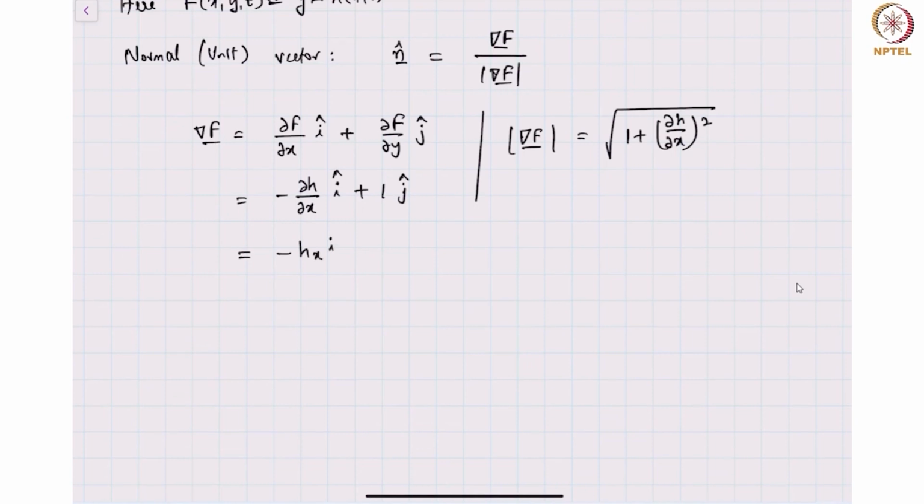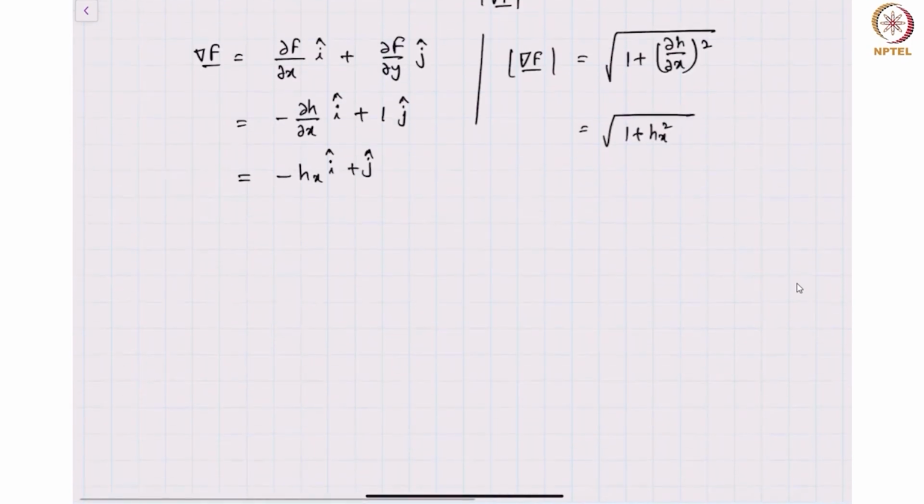We'll call it h_x. So the gradient is h_x i hat plus j hat, and its magnitude is the square root of 1 plus h_x squared. Therefore, the normal vector would be minus h_x i hat plus j hat by the square root of 1 plus h_x squared.